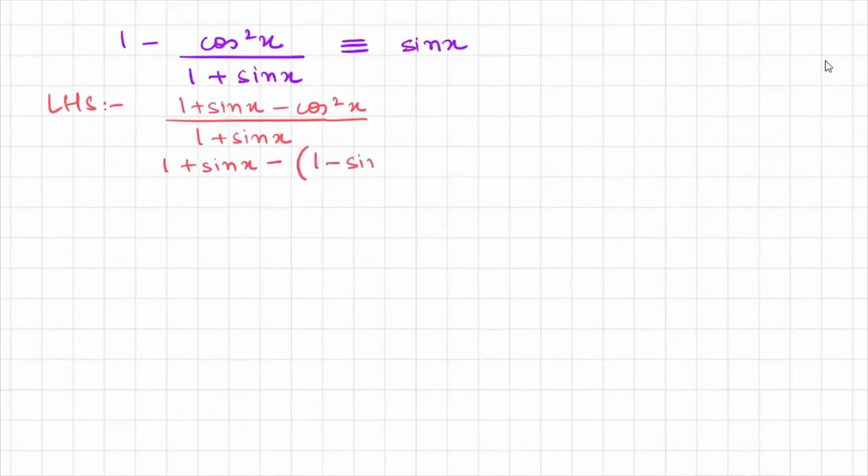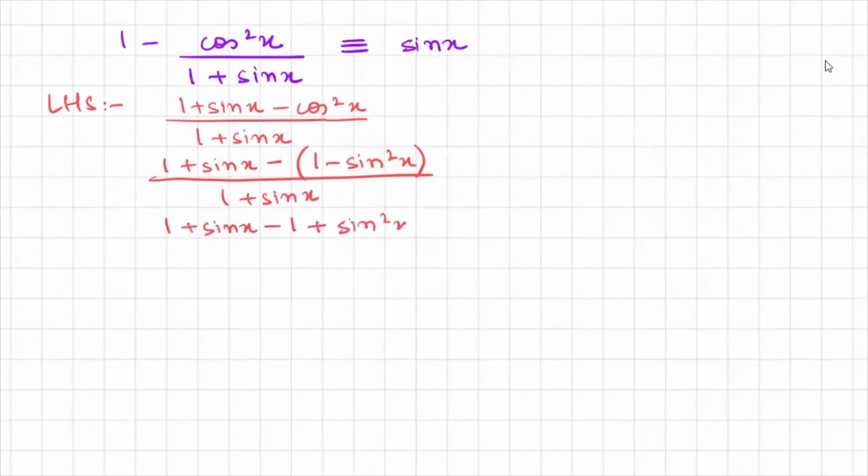Brackets are really important because they change the entire game. So 1 plus sine x in my denominator. Now let's expand the bracket. This would be 1 plus sine x minus 1 plus, because minus is the plus, sine square x divided by 1 plus sine x. Okay, can we cancel out something?